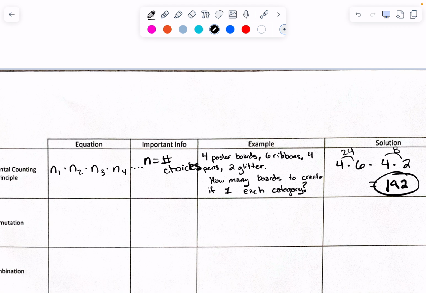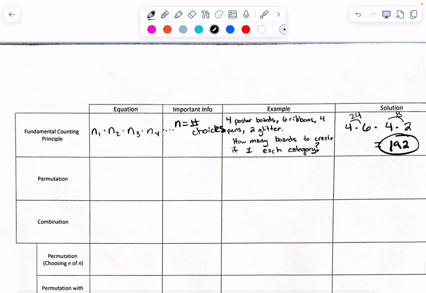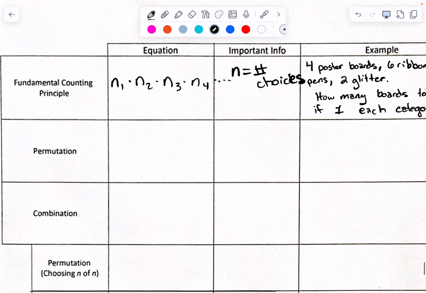Got it? Okay, permutation. I don't write down an equation for permutation. I just write down NPR and NCR, okay? And N equals and R equals, and I'm doing that for both of these categories at the same time because N and R are the same for P and C. What does N stand for?